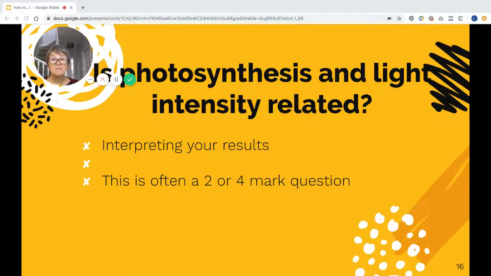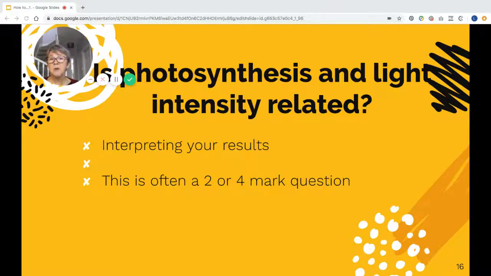So interpreting your results, you will be given some data. It could be a graph, it could be a table, and you'll be expected to answer some questions on that. Now, if you're given a table or a graph, it doesn't matter, and they ask you to state what the pattern is, there's usually going to be an increasing pattern and a decreasing pattern, going up and going down. If it's a 2-mark question, you need to state both of those.